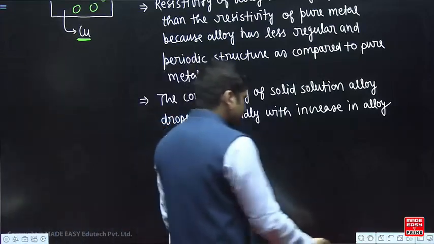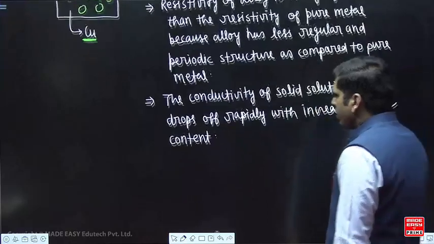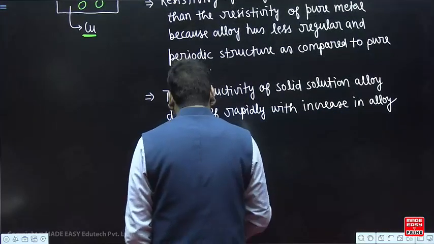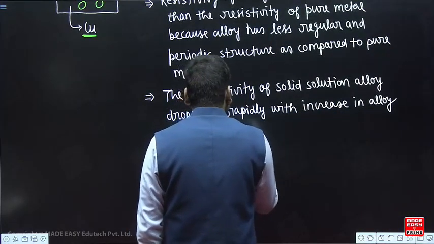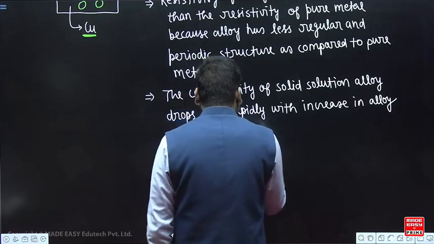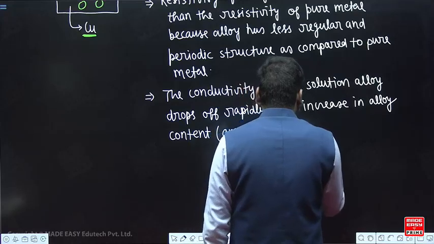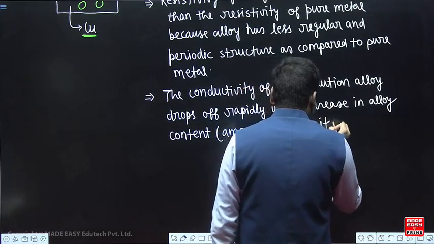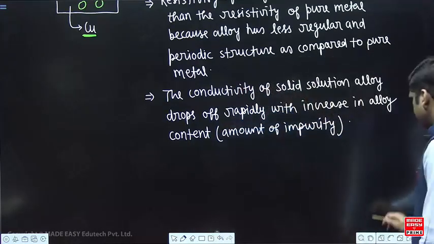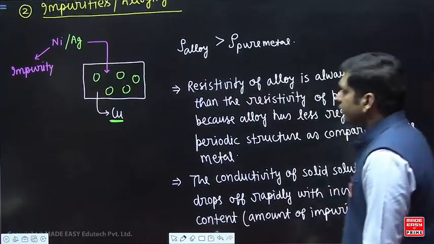Please note it down quickly. As you increase the alloy content, alloy content means impurity, the amount of impurity. As you keep on increasing the amount of impurity, the resistivity will keep on increasing. Please note down quickly.